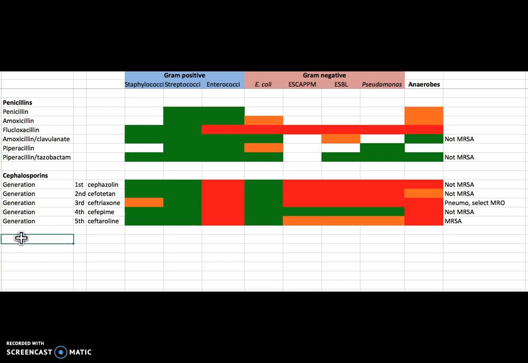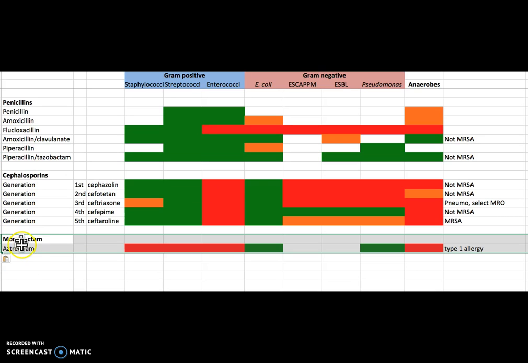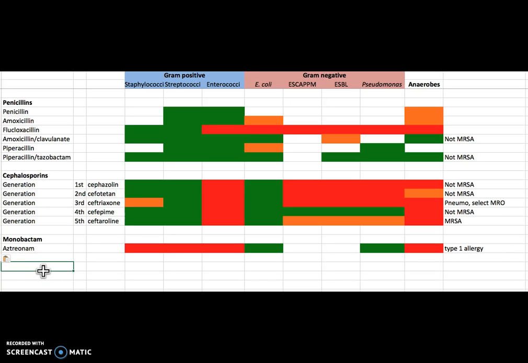The third type of beta-lactam antibiotics are the monobactams, and there's one agent commonly used in this group, aztreonam. Aztreonam has a particular place in people with type 1 hypersensitivity to beta-lactams. It doesn't have the side chains that cause most of the allergies, and so it can be given with impunity.